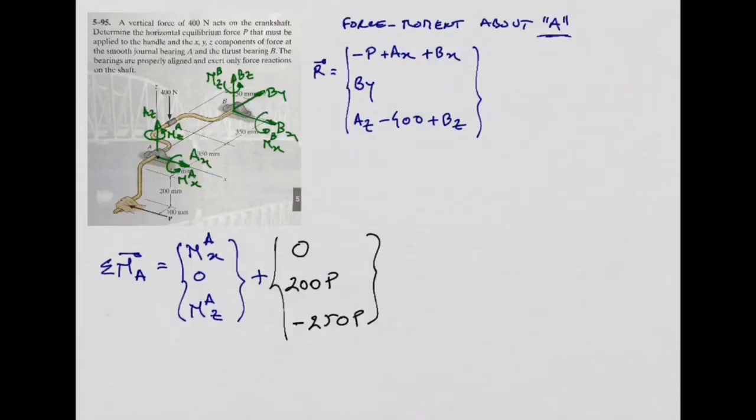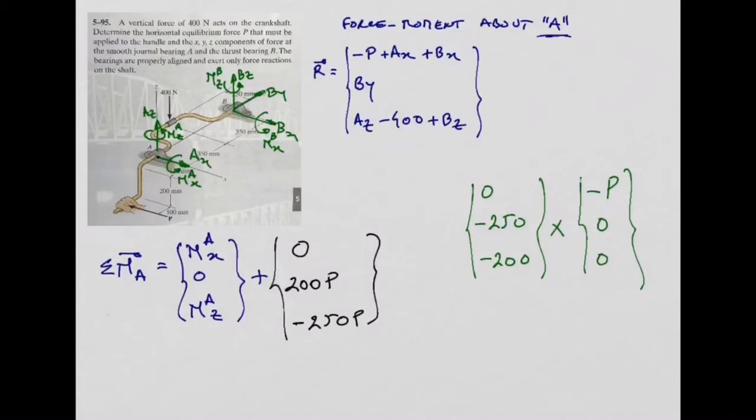Why is the last one minus? So you have this, right? 0, minus 250, minus 200, external product with minus p, 0, 0, right?